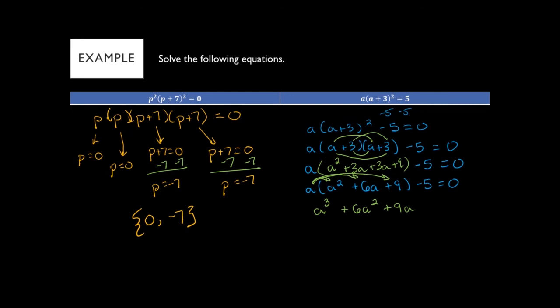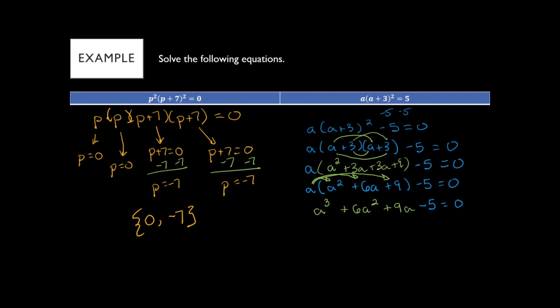And then that minus 5 doesn't get multiplied because that's not in parentheses. So now we've got this thing with 4 terms: a cubed plus 6a squared plus 9a minus 5.